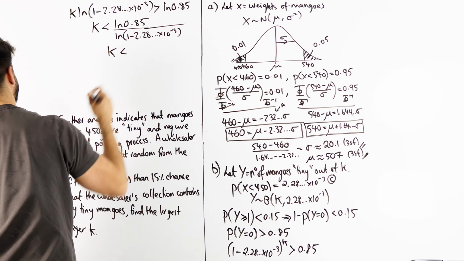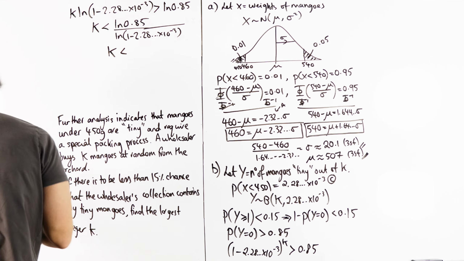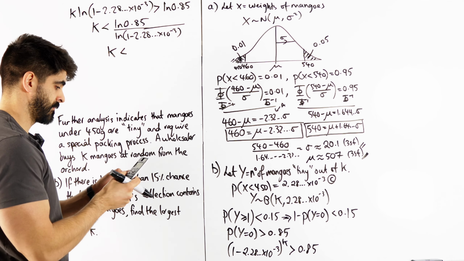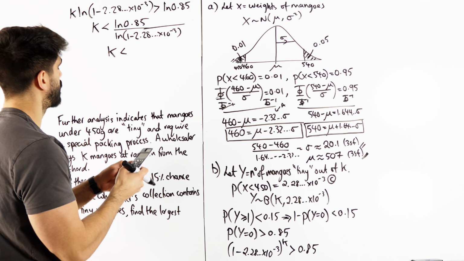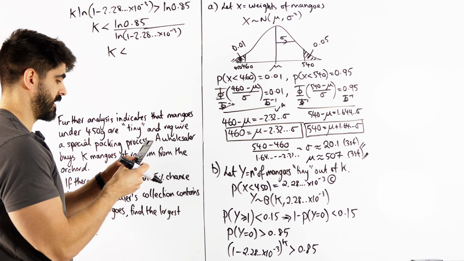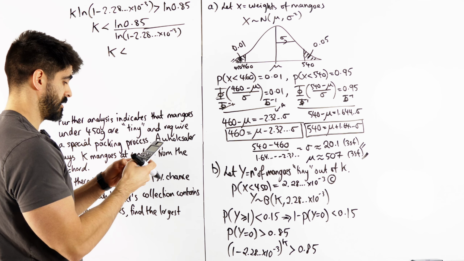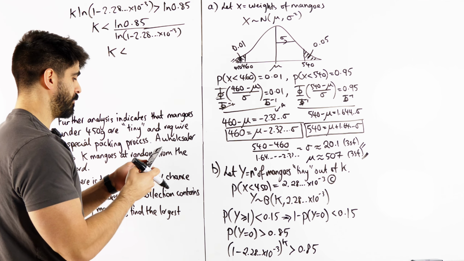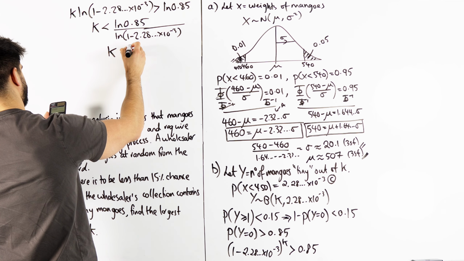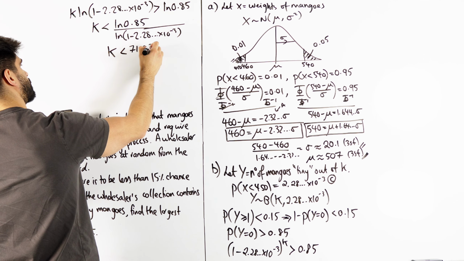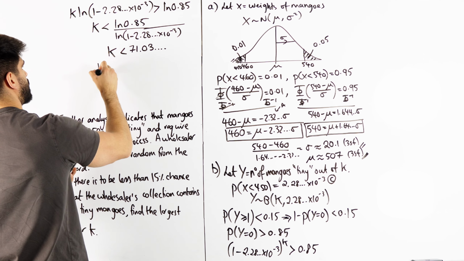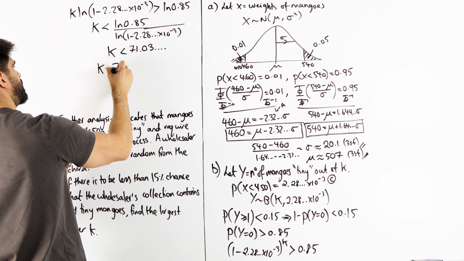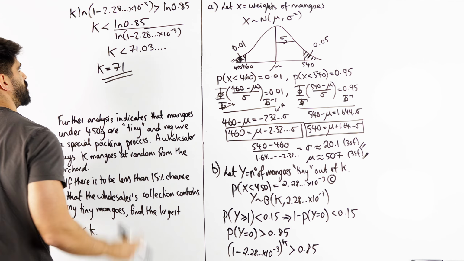K has to be less than... Now I did store that value as C. So I'm going to go menu 1 fraction, ln of 0.85 over ln of 1 minus C. 71.03. So k is less than 71.03. What is the integer below that?